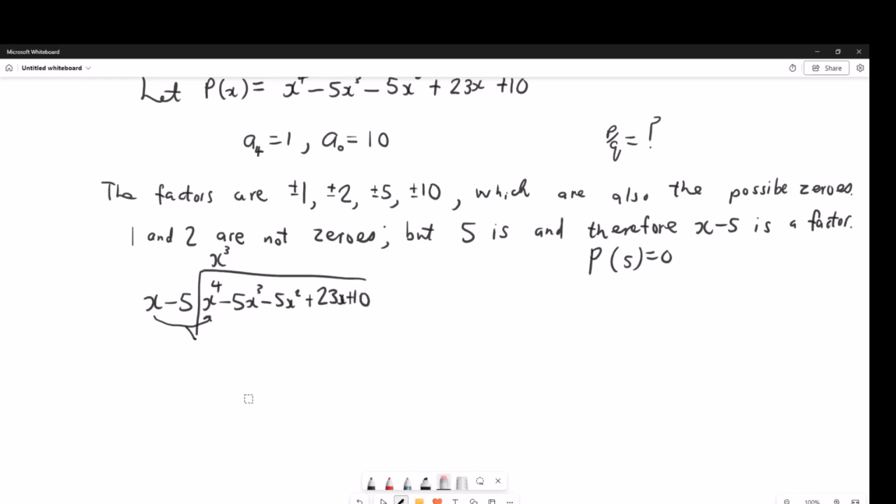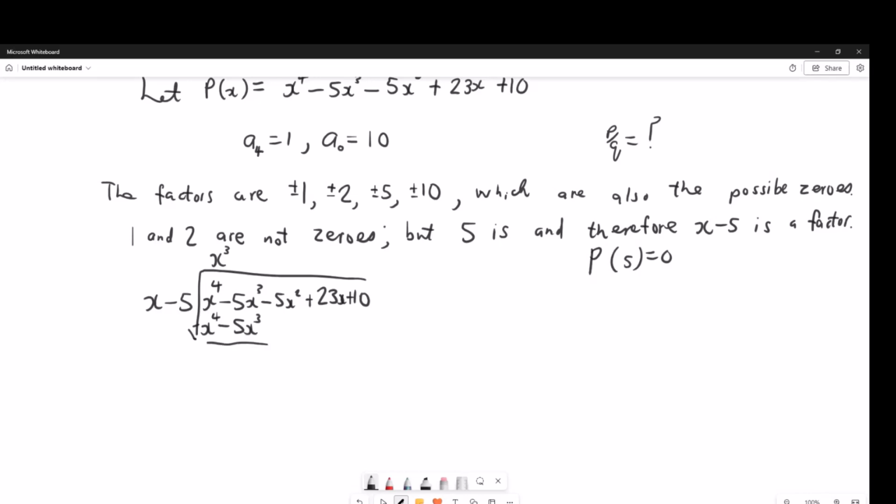Now again, like we did with the previous long divisions, x times x cubed is x to the 4, and minus 5 times x cubed is minus 5x cubed.